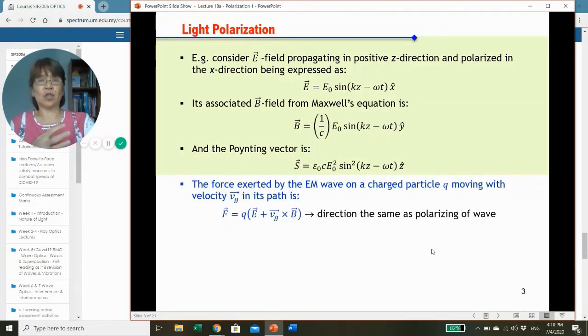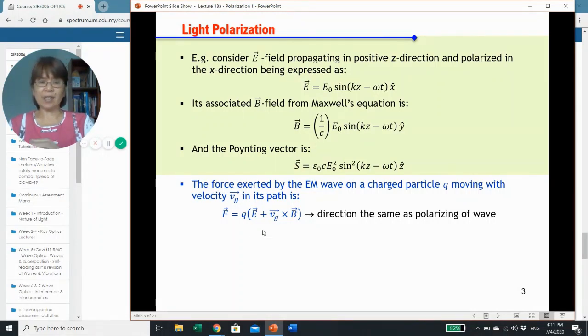And the force on the charged particle Q that is moving with velocity V. The force that's exerted by the EM wave can then be written using the Lorentz equation, where you have charge multiplied by the electric field, and you add to it the magnetic force, which equals the charge multiplied by the cross product of the velocity with the magnetic field.